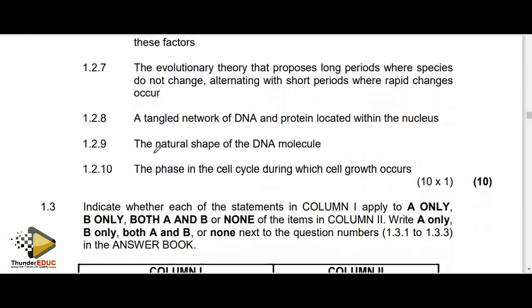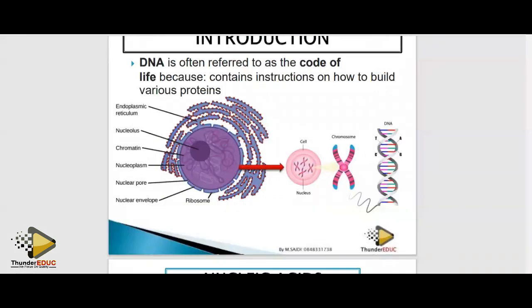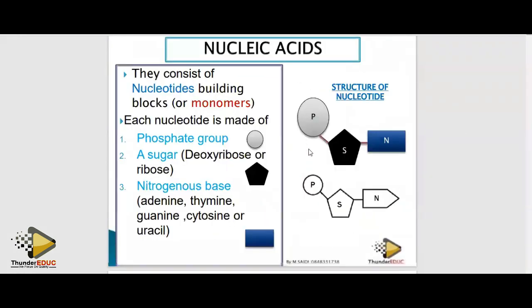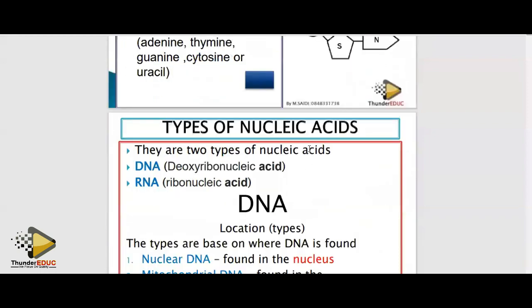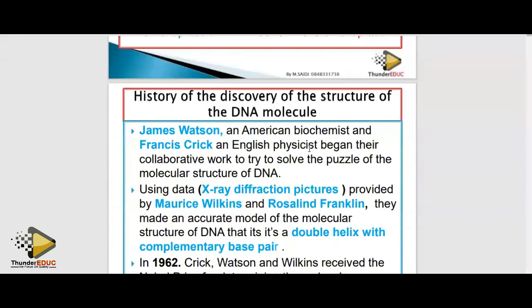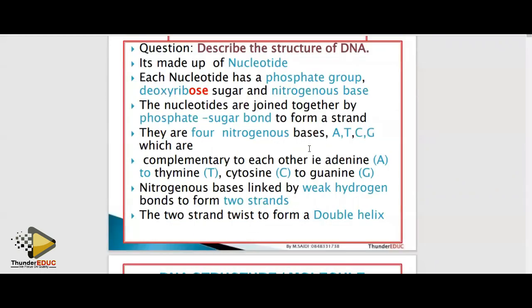Then the natural shape of DNA is a double helix. How does our book answer this? You have to go to the structure of DNA, describing the structure of DNA. You will find that DNA strands twist to form a double helix.